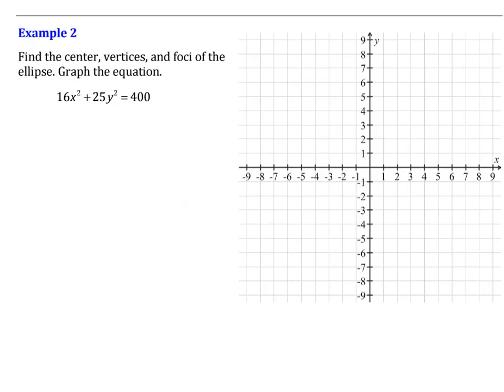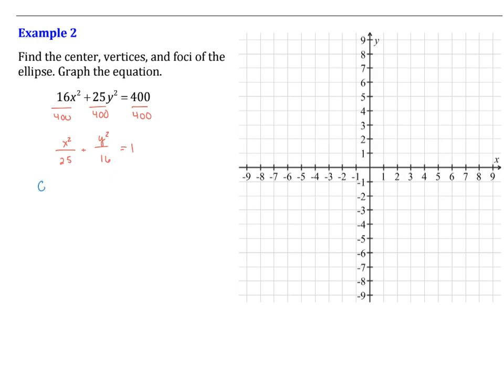Here we have 16x squared plus 25y squared equals 400. To look at the equation of an ellipse, we want the right-hand side to be 1. So let's divide everything by 400. So this gives us x squared over 25 plus y squared over 16 equals 1.